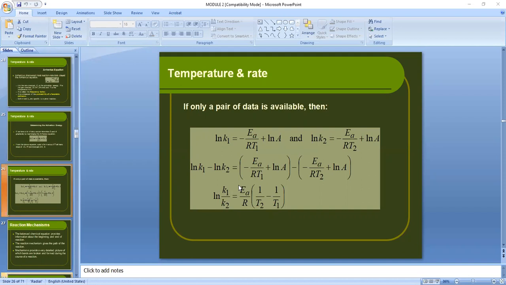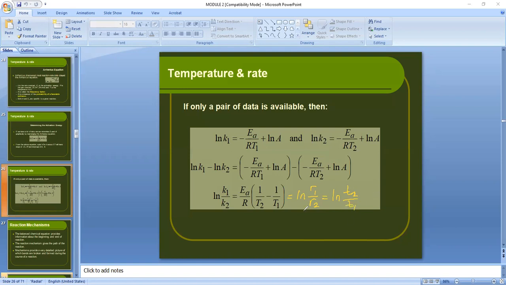So if you can recall in our kinetics, ln of K1 over K2 can be changed to ln of R1 over R2. It can also be the ln of small t sub 2 over t sub 1. This small t refers to the time. Okay?